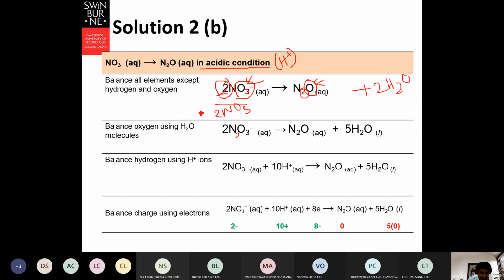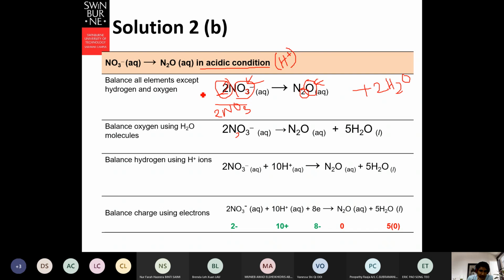If we use 6 oxygen atoms and only 1 of them is used here, the other 5 should produce 5 water, because 1 oxygen produces 1 water molecule.